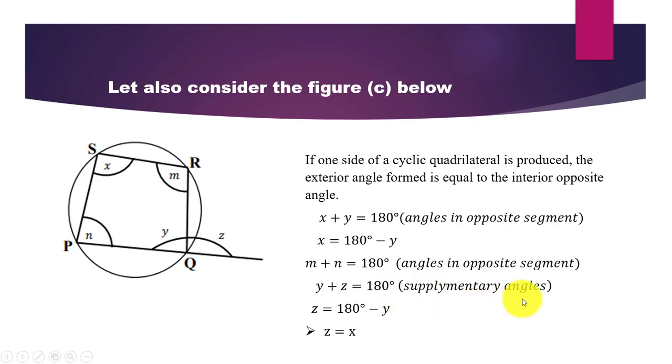From the diagram, angle Y and angle Z are angles on a straight line, so they sum up to 180 degrees. Now when we make angle Z the subject, we get Z equals 180 degrees minus Y. Now let's compare this equation and that equation.